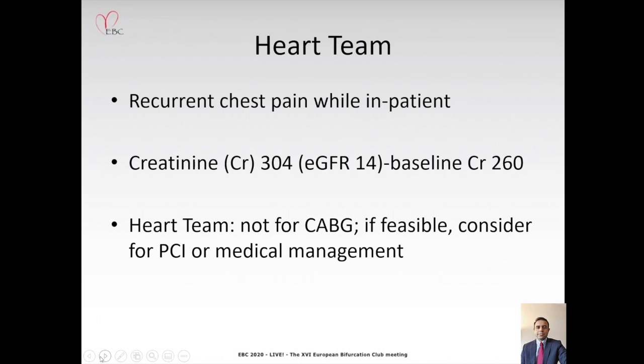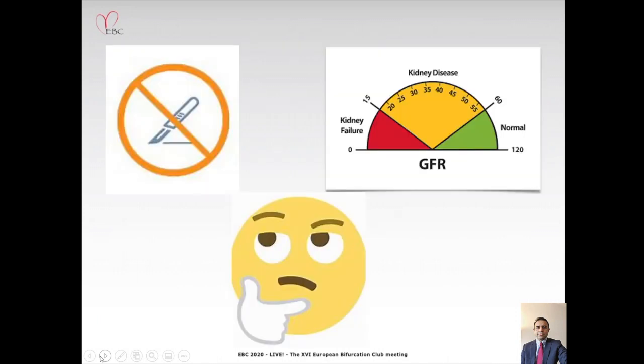So we've built up an experience of doing low contrast PCI in high-risk patients at our center. And after discussion, we decided to take him on for ultra low contrast DK crush of the left main stem as well as PCI to the mid-LAD and circumflex artery. So multivessel as well as DK crush of the left main.